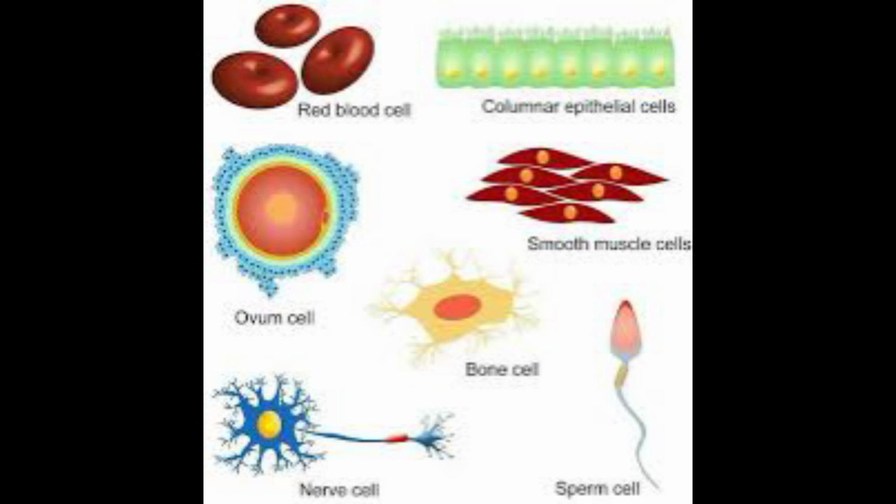A cell is able to live and perform all its functions because of these organelles. These organelles together constitute the basic unit called the cell. So, the cell is the basic unit of life. Cell is the fundamental unit of life.